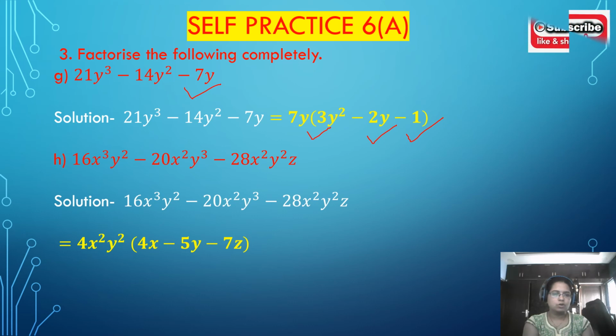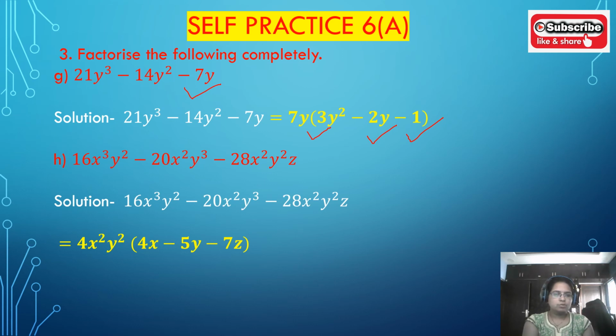So x square is the common factor. X square multiplied with x is x cube. And in the second term, y cube, so y square is the common factor. So y cube is y square multiplied with y. And in the third term, only z is here, so z will not be the common factor.